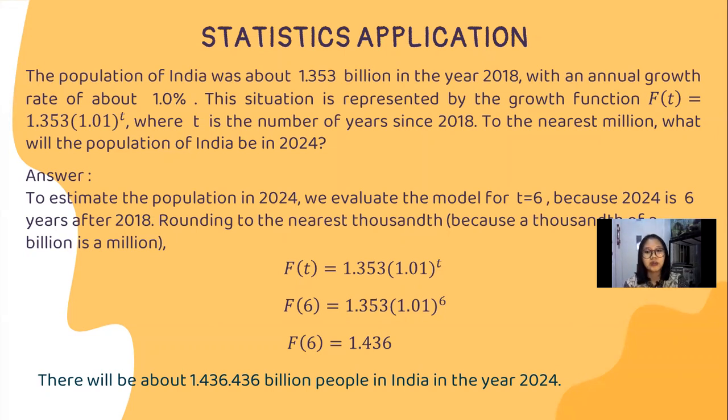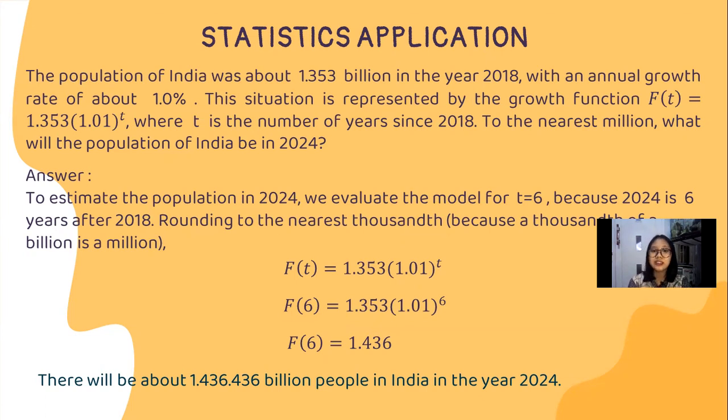The situation is represented by the growth function f(t) = 1,353 × 1.01^t, where t is the number of years since 2018. To the nearest million, what will the population of India be in 2024?